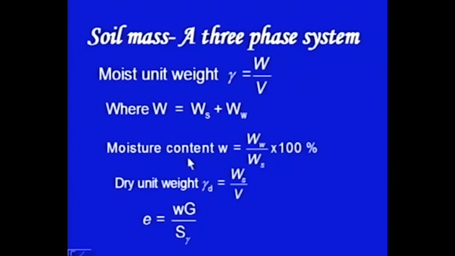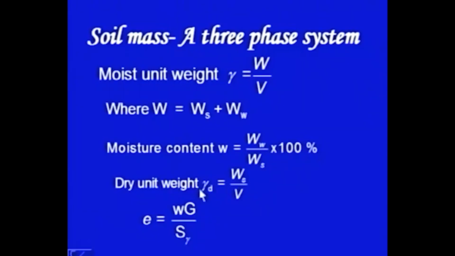The moisture content w is defined as the weight of water present in the soil mass divided by the weight of solids, and again in general it is represented as a percentage.